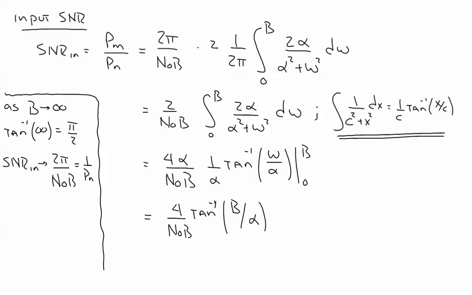So at the input of my optimum filter, as I look at a larger and larger spectral region, my signal-to-noise ratio at the input goes to 0. The message power remains finite. The noise power gets larger and larger as I increase my observation bandwidth B. My signal-to-noise ratio approaches 0.